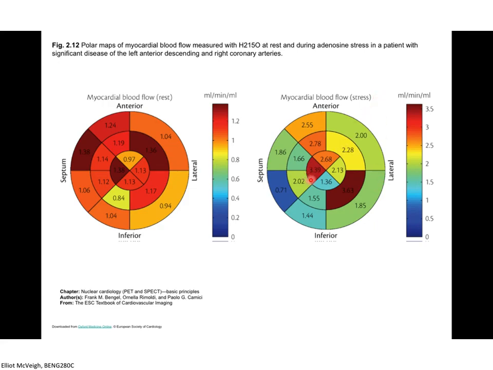In fact, you can see in this region here, the flow went up to 3.4. It started down here 1.38 at rest. It went up here to 2, but that's not normal. It should go up to about 4, say, for this level of stress. And so it looks like this person has really global low blood flow. Right?